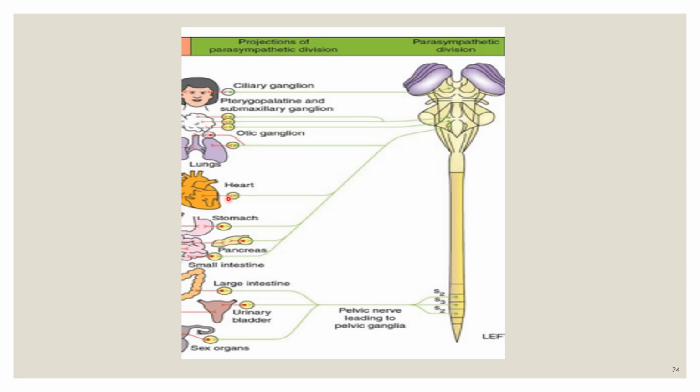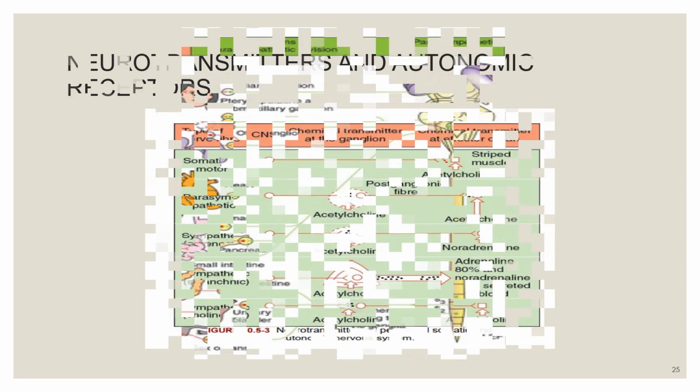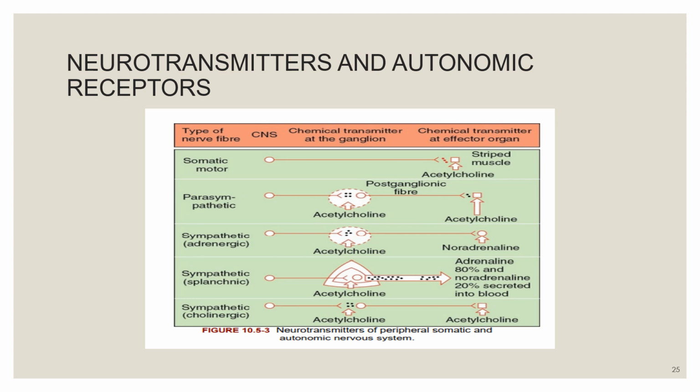So all these are supplied by the vagus nerve. Here we will see some physiological considerations also. So before seeing into that, we will discuss sacral parasympathetic outflow also.